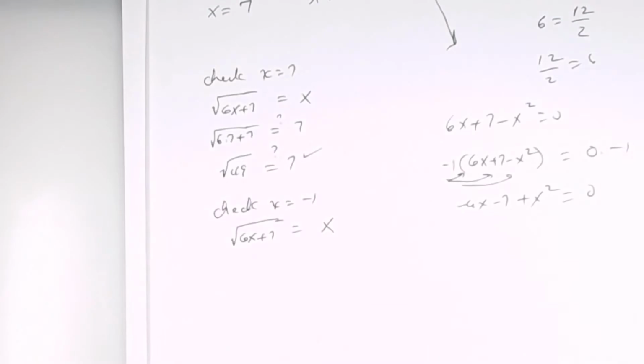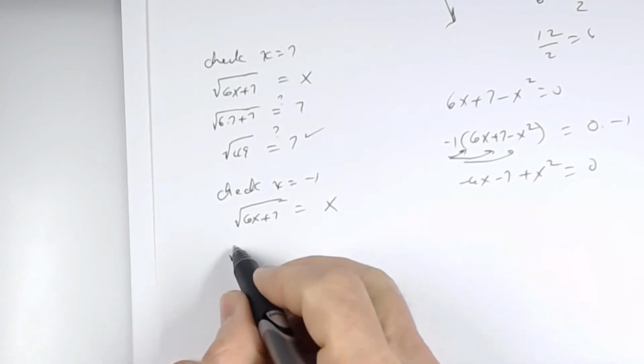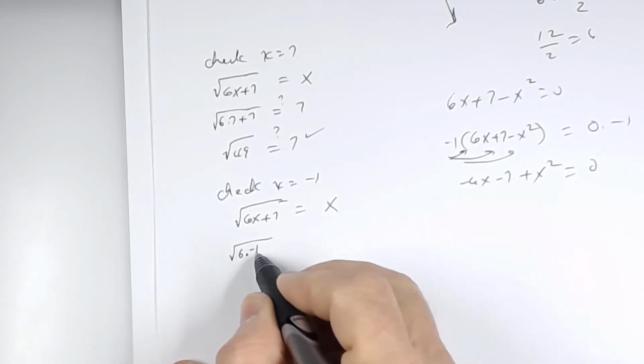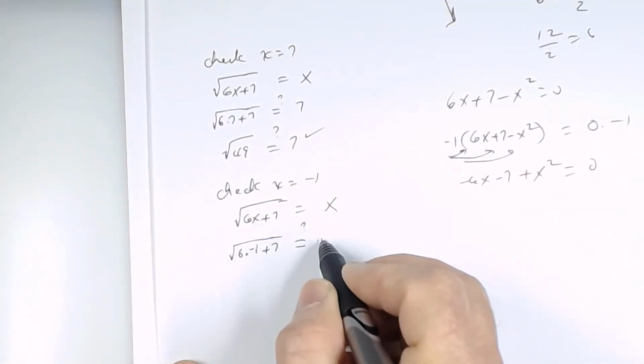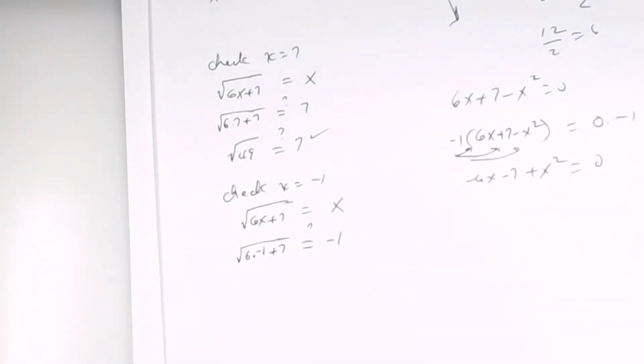Wherever we see the variable x, we substitute negative 1. Now you have to be careful with that one. You have 6 times negative 1 plus 7, and I want to see if that equals x, which is negative 1. What's 6 times negative 1? Negative 6. And negative 6 plus 7 is 1.